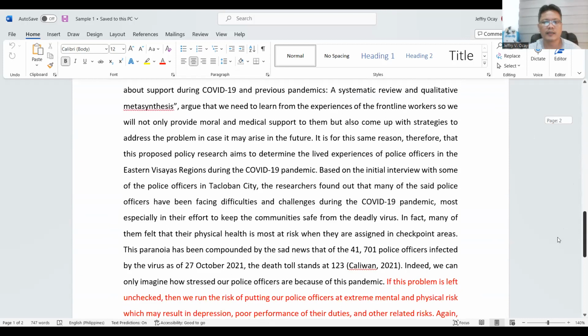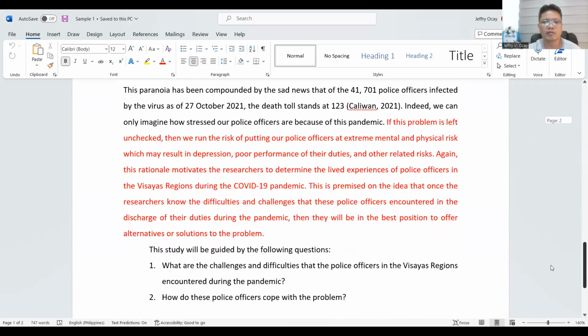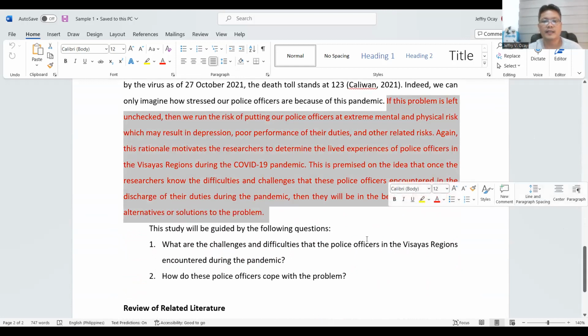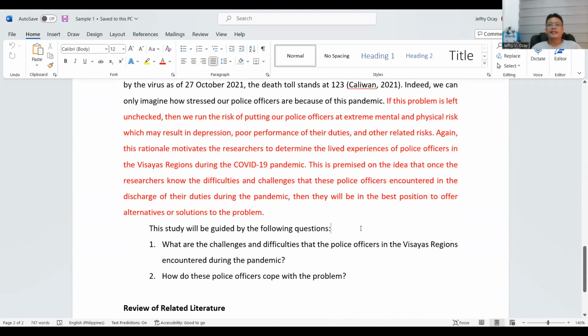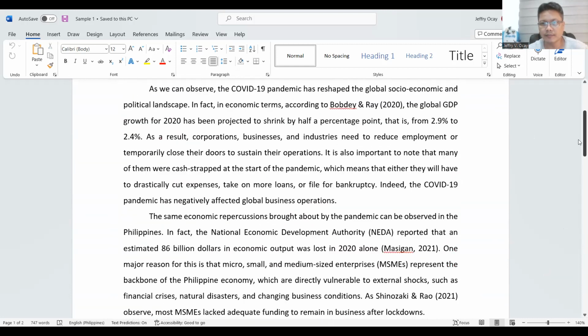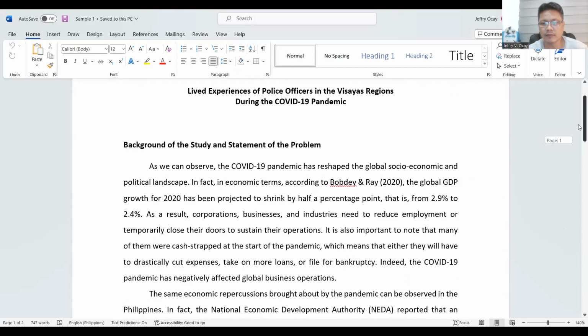And towards the end of the background of the study, I developed the thesis statement. So let me read this sample and do some side discussion.